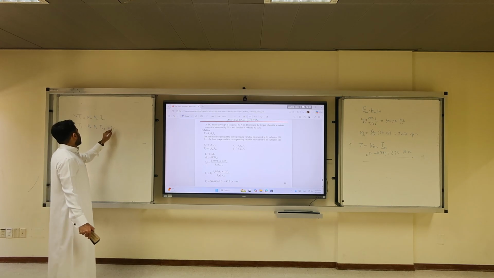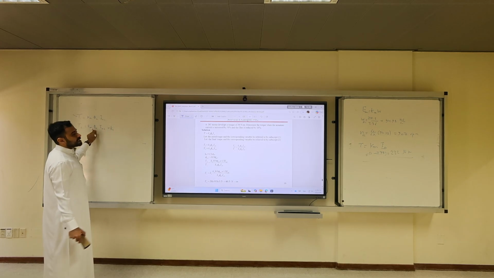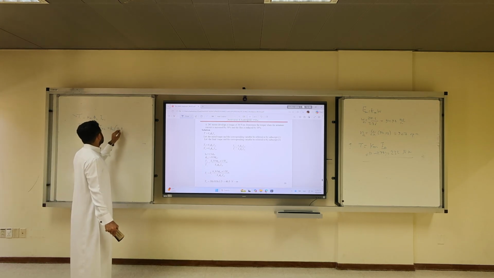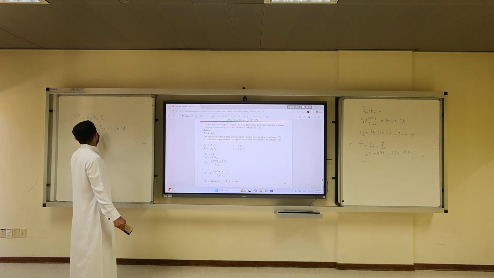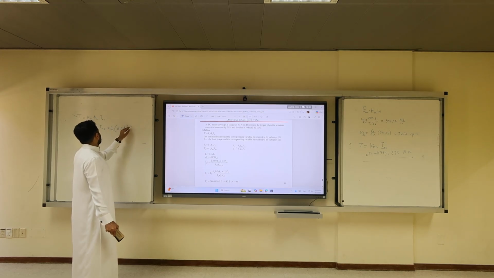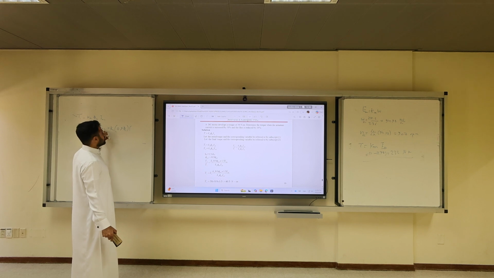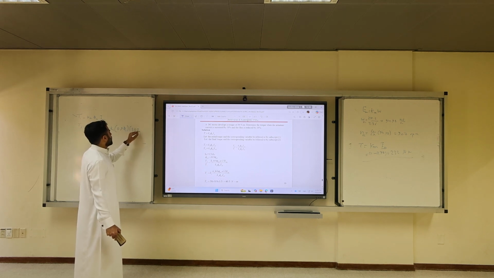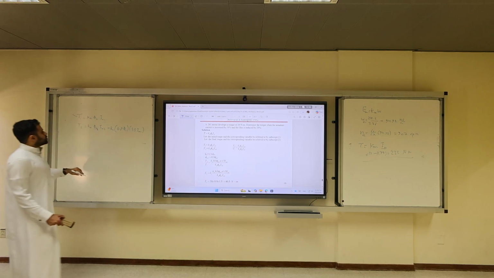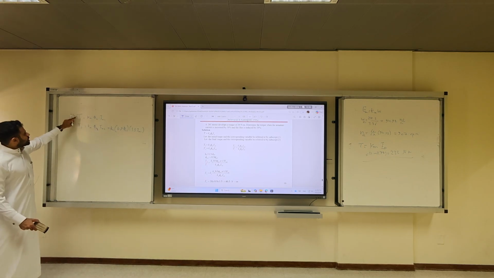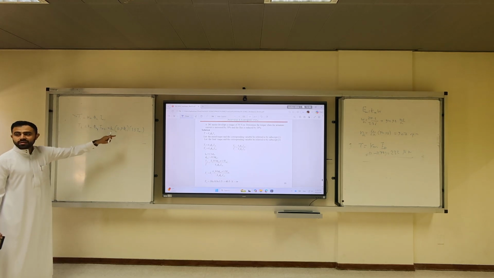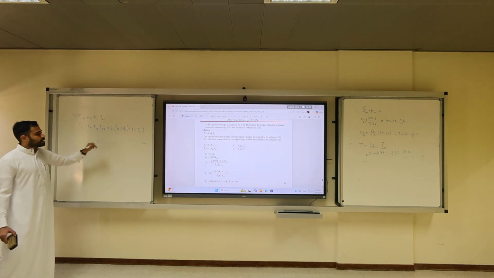This is Ka. The flux is decreased by 10%, so this will be 0.9. This is 1. This is 2. Ia will increase by 50%, so this will be 1.5 Ia1. So I know T1 is 30, T2 is unknown.